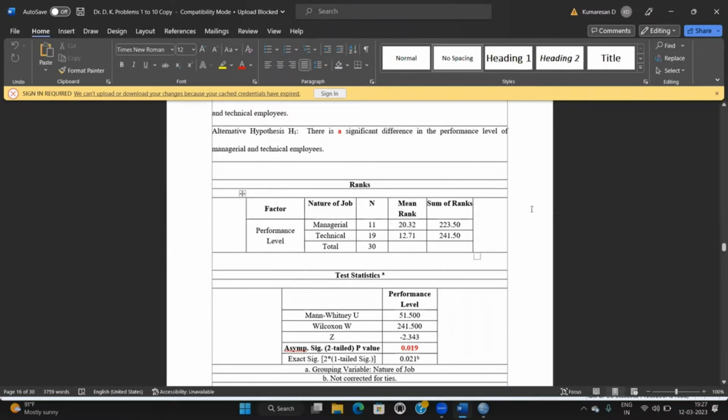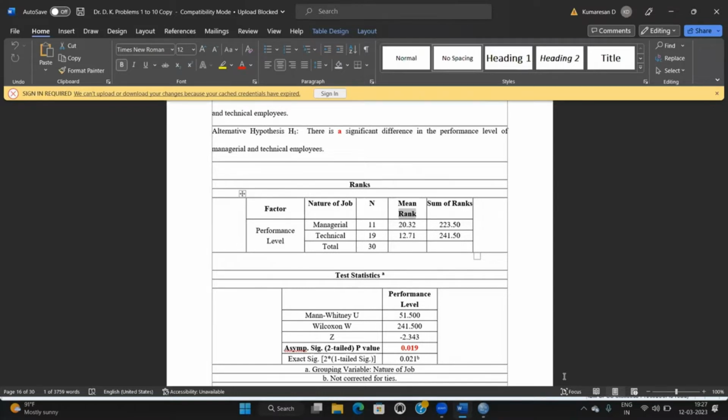Suppose it is mean value instead of mean rank, as in the independent sample test, then the higher score will be considered the better one. But here, since the mean ranks are given, we draw the conclusion based on the lower rank.